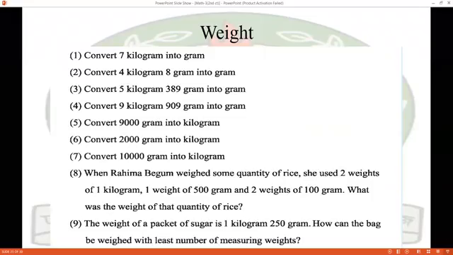So there are many conversions. We have to convert from kilogram to gram, gram to kilogram, and so on. We try it. Number one, convert 7 kilogram into gram.